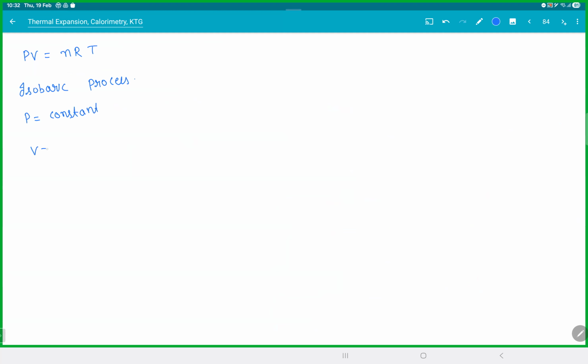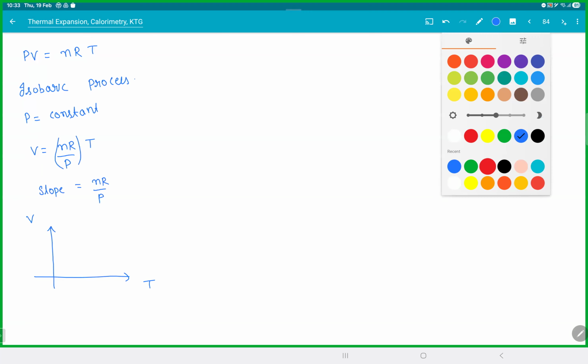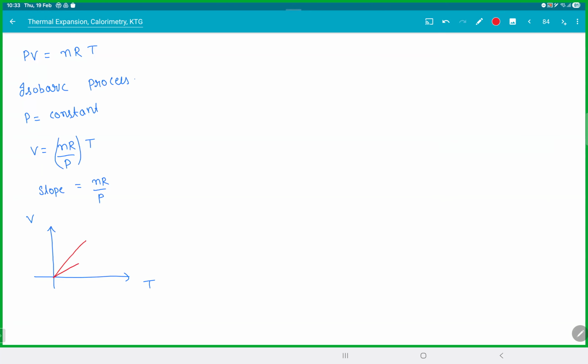So if P is constant, we get V is equal to nR by P into T. That means in a VT graph, the slope is nR by P. So in a volume temperature graph, for P1 and P2, an isobaric process will be a line passing through the origin. Which pressure is bigger, P1 or P2? You can clearly see the slope is proportional to 1 by P. So more pressure, lesser the slope. P2 is greater than P1.